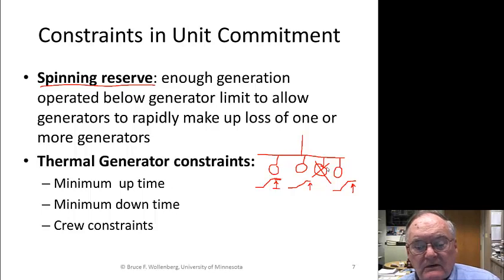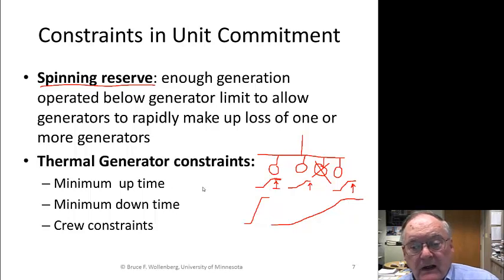They're synchronized to the system and spinning, and the governors can bring them up. In addition, if I have a unit that can go up real fast like this, that's really good, like a hydro unit. But if I have a big steam unit, it may take a long time to come up, and I have to take that into account as well.